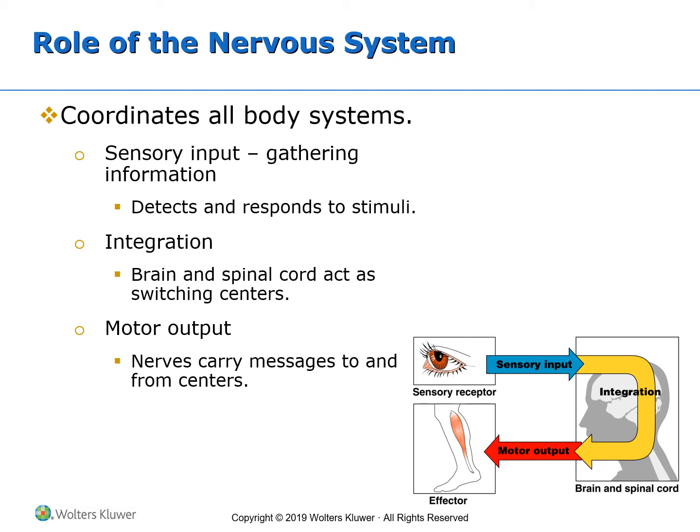There is a place where the integration of all information happens, and that's the brain and the spinal cord. Those respond as switching centers. Then there is an effector, or effect-producing, limb of this process, the motor output, through the nerves that carry messages out from the centers to different types of effectors in our body.